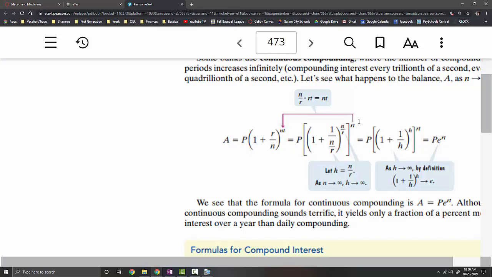So we know the exponent part is equivalent. And since we replaced our n with n over r, then we need to put n over r here as well. So then if we keep going, we can let h be this n over r. Then you're going to get this equation.